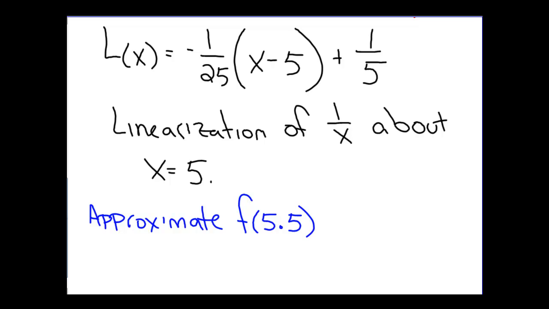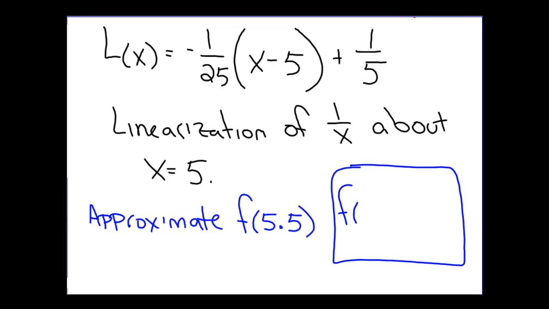We could just plug this into the original function and have 1 over 5.5. So over here, just for the record, f of 5.5 is the number 0.1818. So 0.1818 is the actual value.